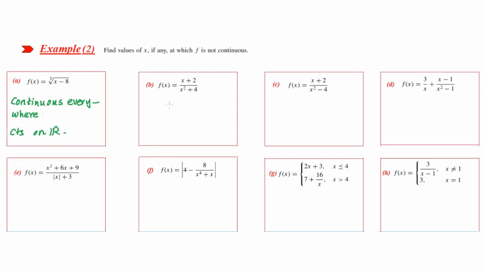For part B, we have f of x equal x plus 2 divided by x squared plus 4. This is a rational function, so you have to check the denominator and put it equal to 0. So x squared plus 4 equal to 0. And if we move 4 to the right hand side, you will get x squared equal to negative 4, which is unacceptable.